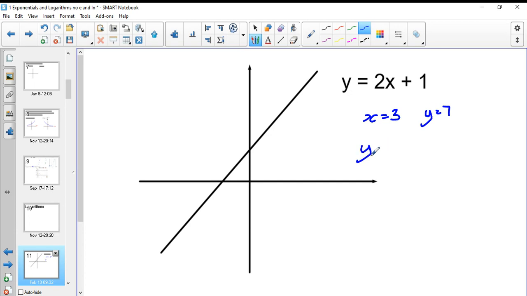If we were given a y value, then we could substitute the y value in, and because we know how to do inverse operations on this, we could solve for x. So we take 1 and divide by 2. Okay, so we can work out x values for given y values by using inverse operations.